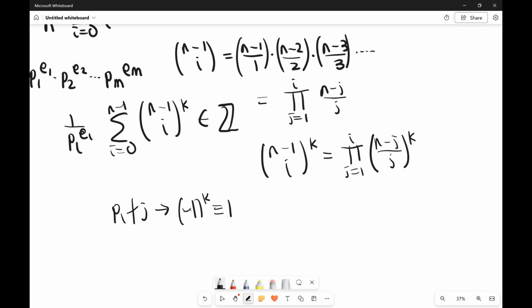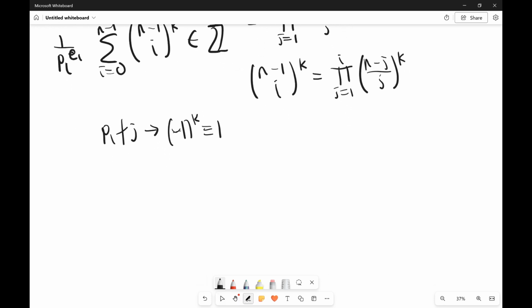So therefore, these p_l not dividing j do not contribute anything. And we only see numbers where p_l divides j every p_l terms, which explains the chunking idea right away.